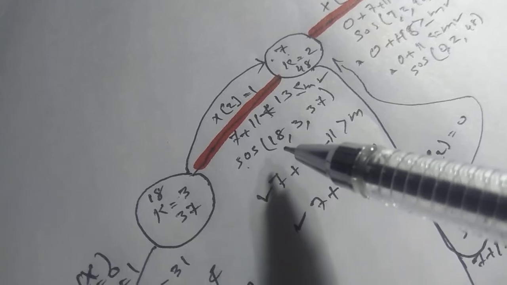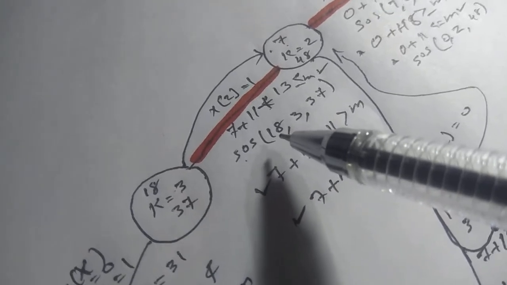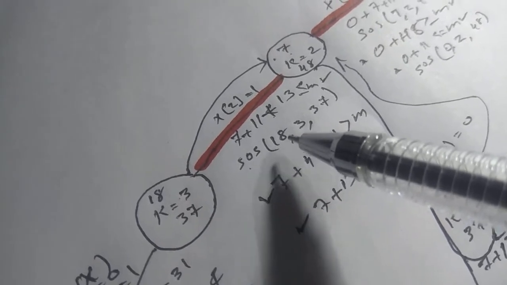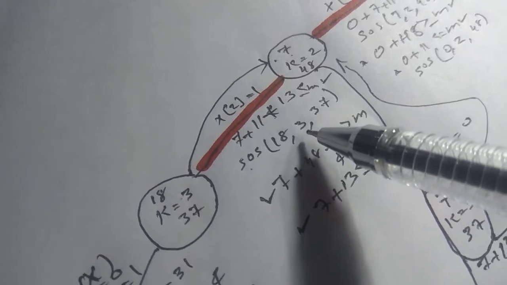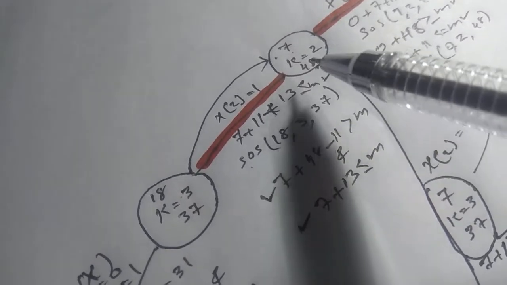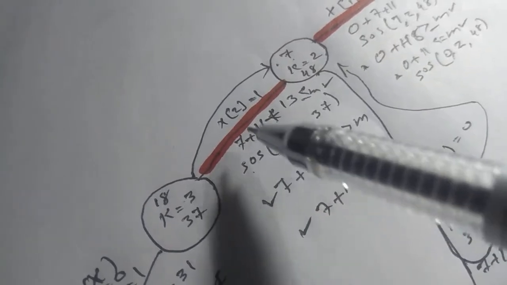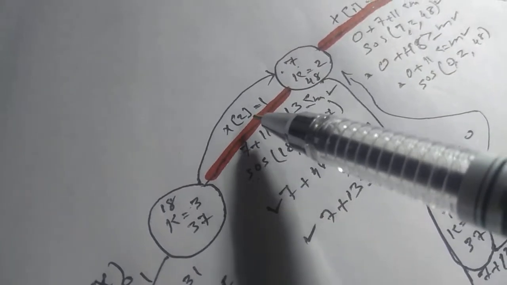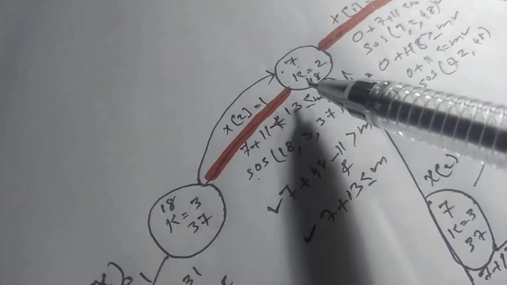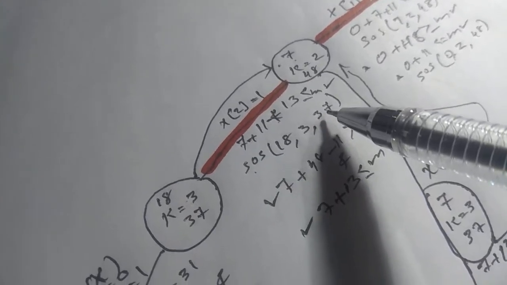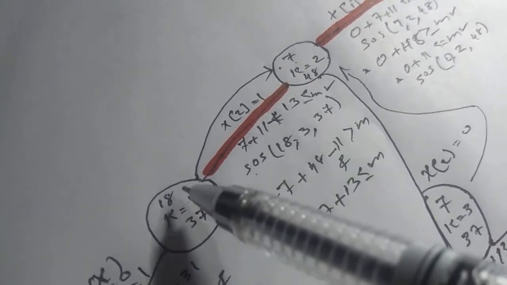Sum plus wk is 7 plus 11, 18. Then k plus 1, it is 3. And remaining sum was 48 and we have considered 11, so it has to subtract 11 from 48. So you are getting 37. Okay, so now a node is generated.